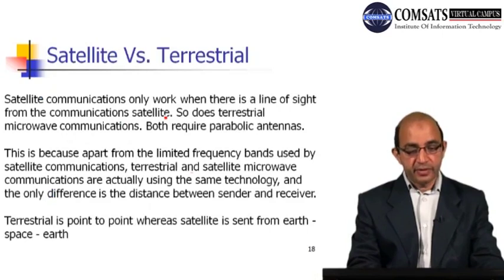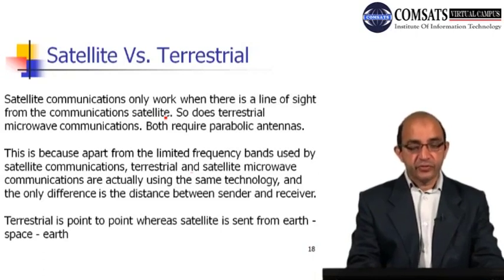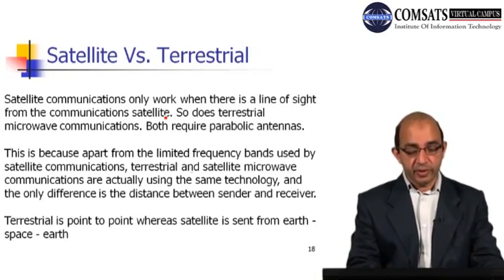So here we have satellite versus terrestrial. As we know, satellite communication works when there is a line of sight, right, from the communication satellites. The same is the case for terrestrial microwave communication.